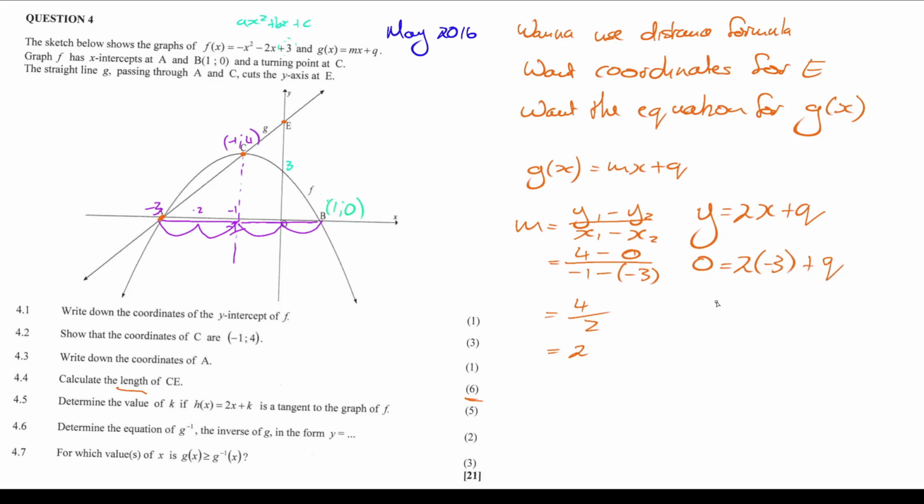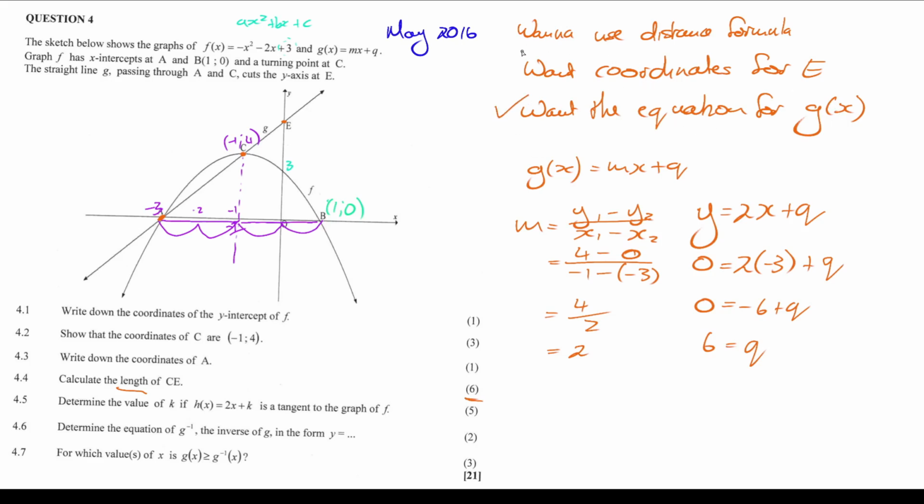So 0 equals 4 plus q, so q is negative 6, take it over to the other side, q is 6. And does that make sense? It sure does, because I have a positive gradient and I have a rather high y-intercept. Okay, so I have the equation for g of x.